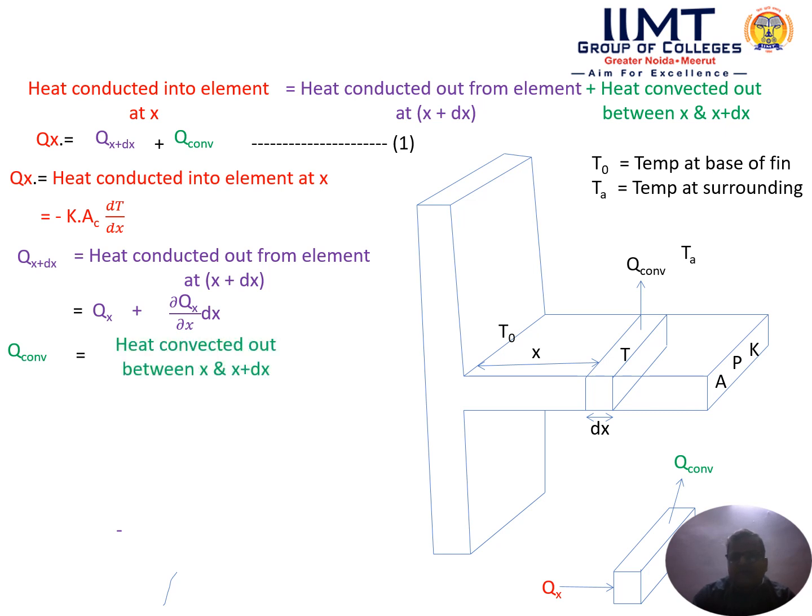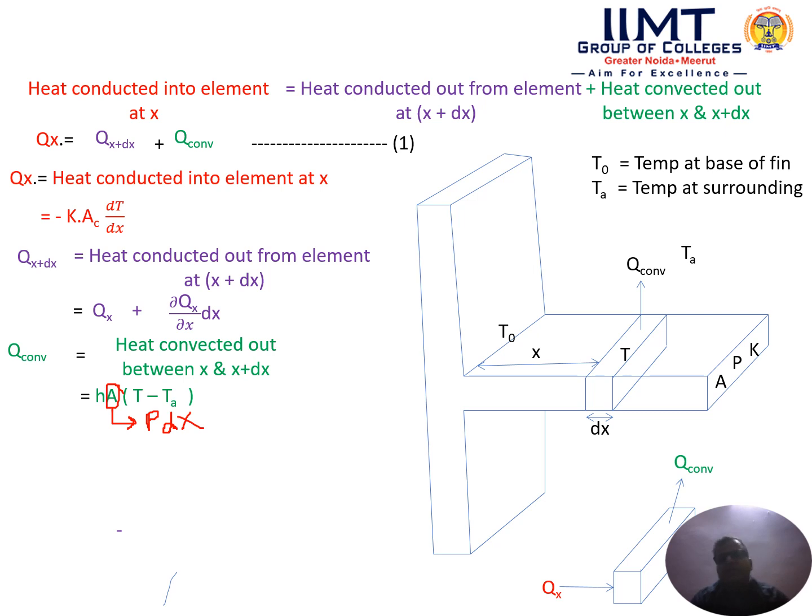Here the elemental surface area can be written as P into dx, that means perimeter into thickness. This will be the elemental surface area where the surrounding fluid comes into contact, and T is the surface temperature at that element minus the surrounding temperature.